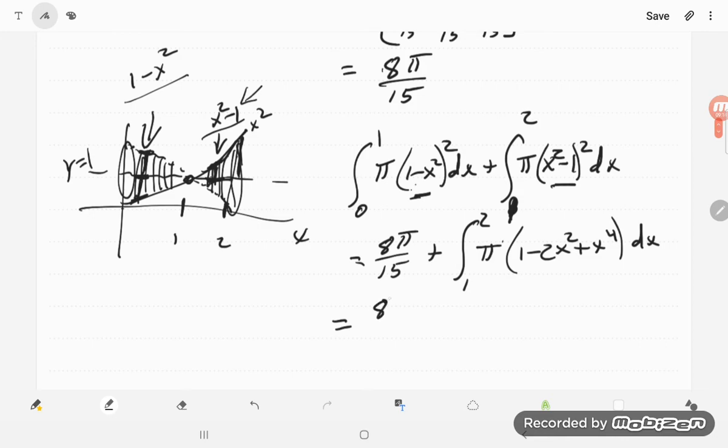And so this is 8 pi over 15 plus pi times, and just as before, we have x minus 2/3 x cubed plus x to the 5th over 5. But this time it's from 1 to 2.